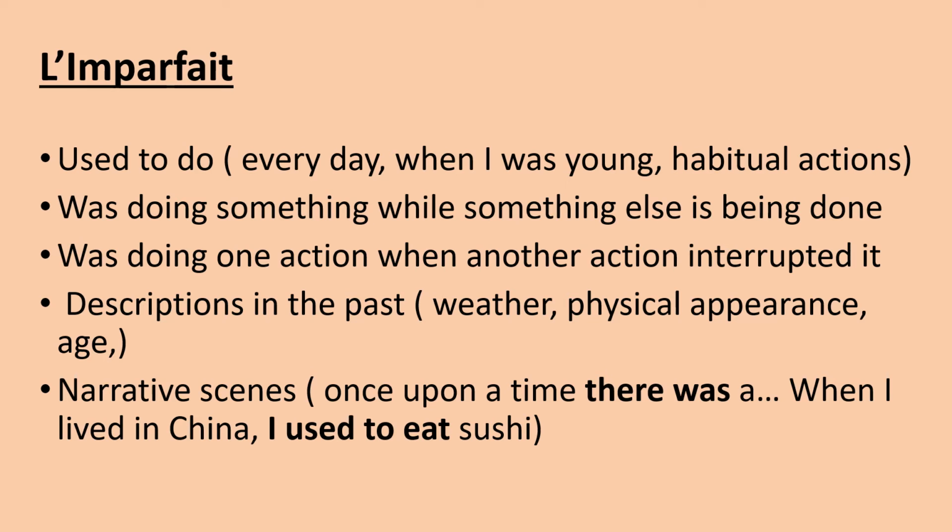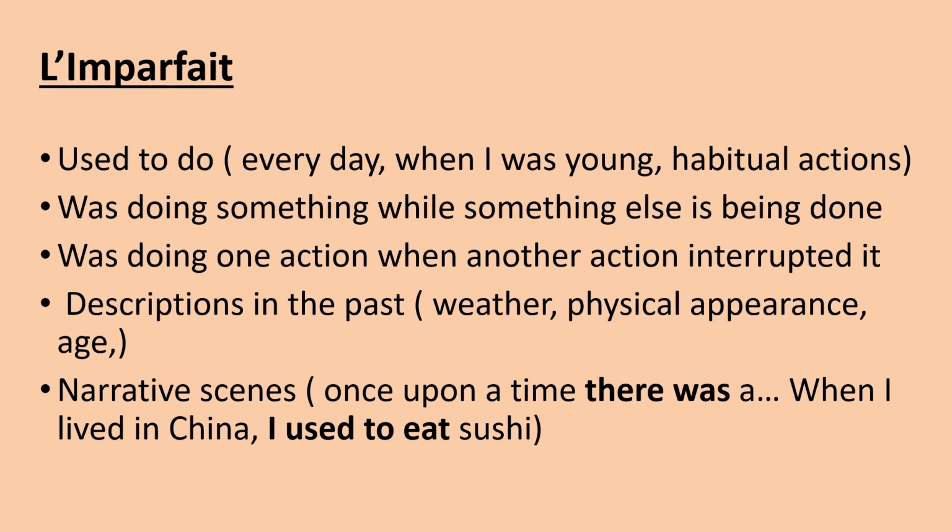describing, like giving a setting or setting the scene, you would have to use the imperfect tense. Narrative scenes such as once upon a time there was a little red flower in a big green garden, that would be in the imperfect. You say something like, when I lived in China, I used to eat sushi.